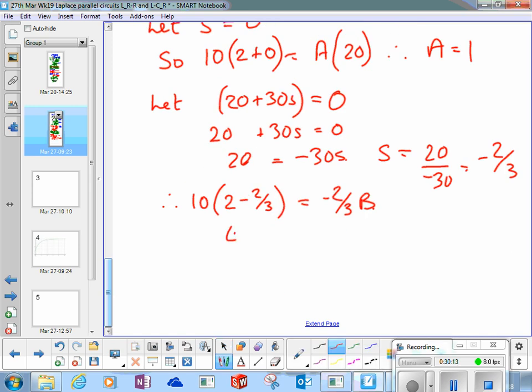This bit is 40/3, is it not? Ten times 2 is 20.